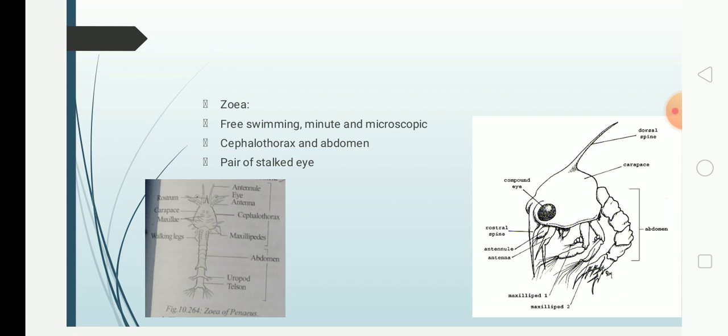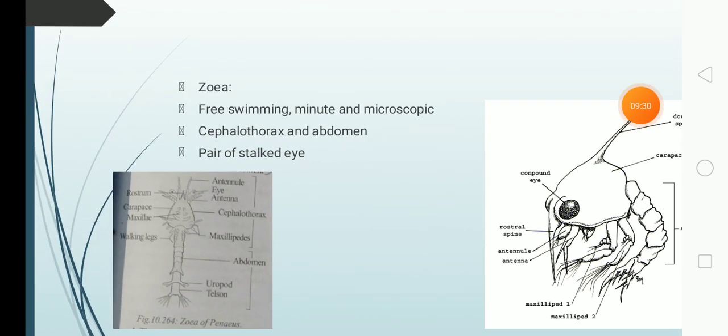In the case of the zoea larva of a crab, the carapace bears spines, the rostrum and others, so there will be 4 spines. On the right-hand side the zoea picture is of the crab, whereas on the left-hand side the long elongated body is the larval stage of shrimps and prawns.